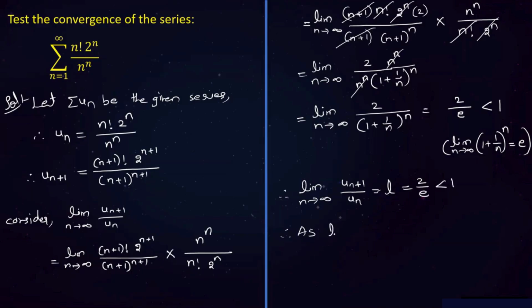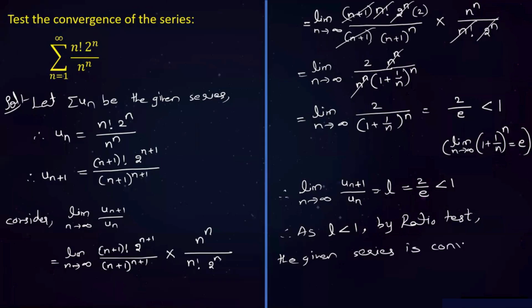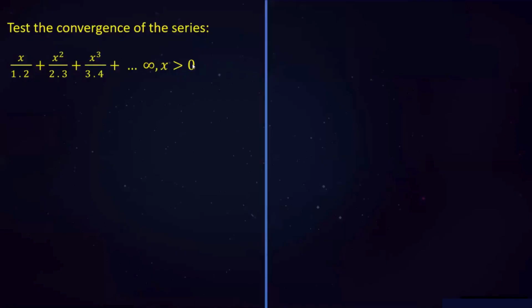As L is less than 1, by ratio test, the given series is convergent. Right? So as per the ratio test, since the limit is less than 1, we can say the given series is convergent.